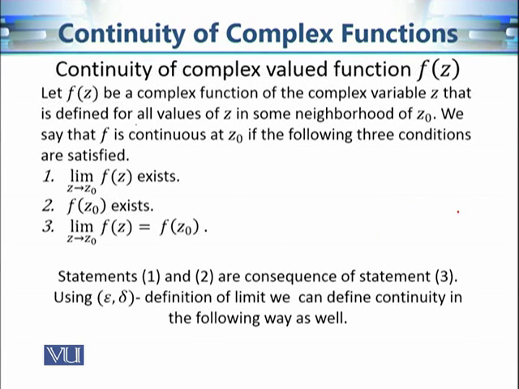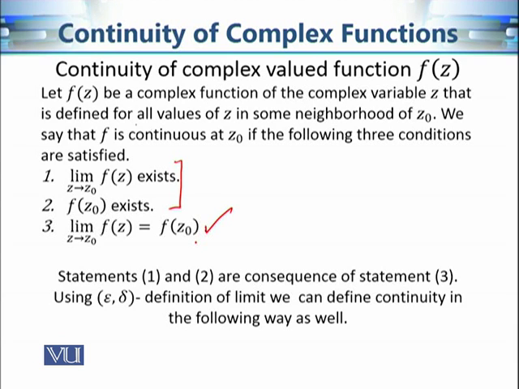Now the third part of the definition is basically saying that the limiting value should be equal to the functional value. It means the functional value should exist, otherwise we cannot check the equality. And the limiting value should also exist, otherwise once again we cannot check the equality. So if we just impose the third condition, then it basically implies the first and the second conditions.